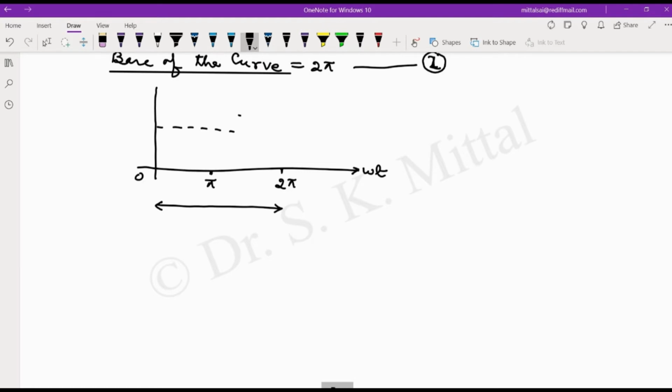So therefore, for the base of 2 pi, what is the output voltage? This is the output voltage which we obtain.